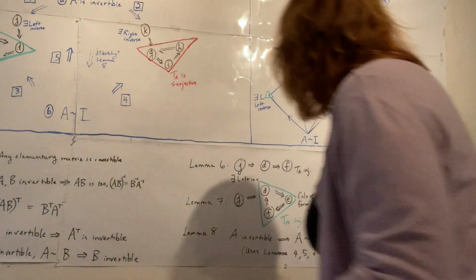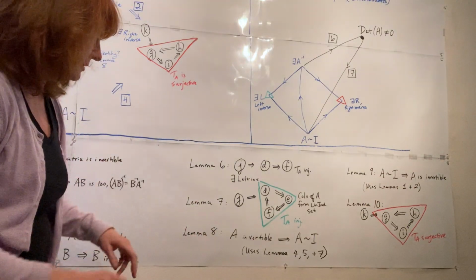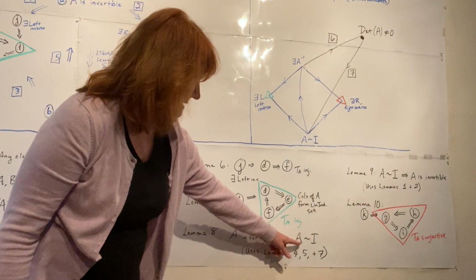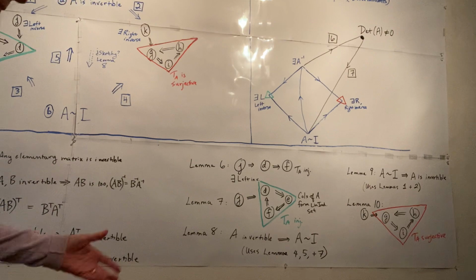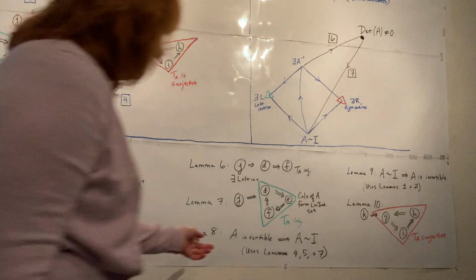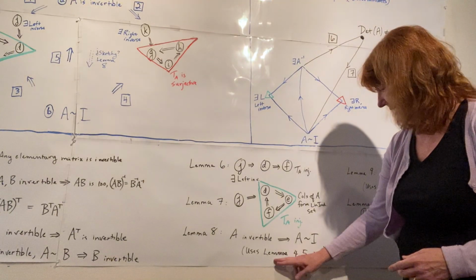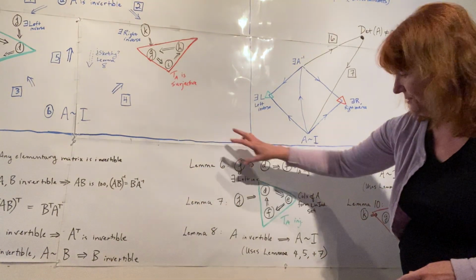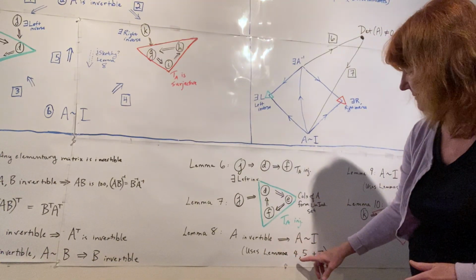All right, so Lemma 8, here's the sketchy Lemma 8, sketchy, quote unquote, that if A is invertible, then it implies that A is row equivalent to the identity matrix. Now, to be able to do that without using pivots, that's why I needed Lemmas 4, 5, and 7. So I use Lemmas 4, 5, and 7 in the proof of Lemma 8. Okay?